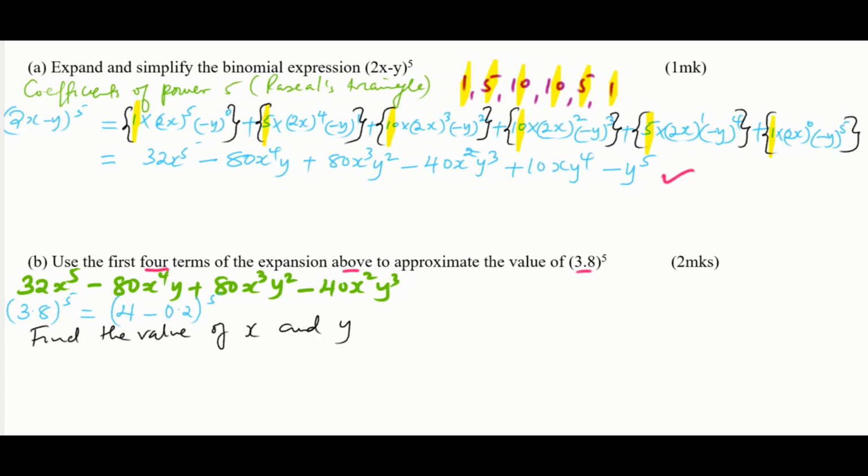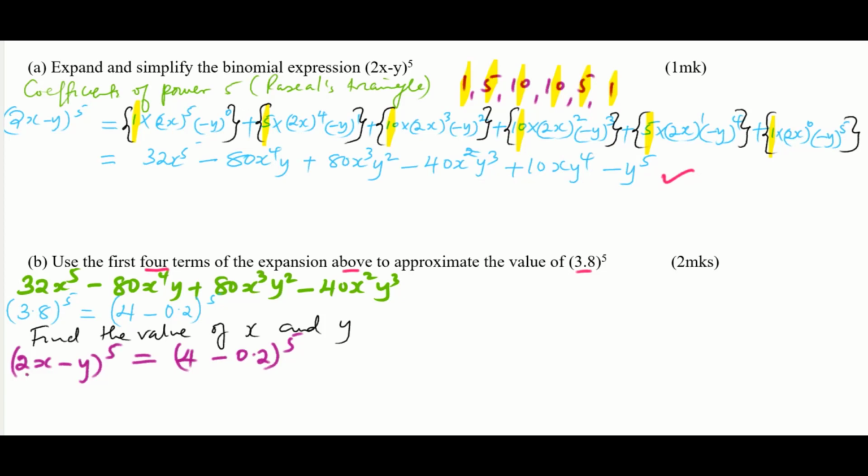To find these, we take this expression, 2x minus y raised to power 5, and equate it to 4 minus 0.2 raised to power 5.